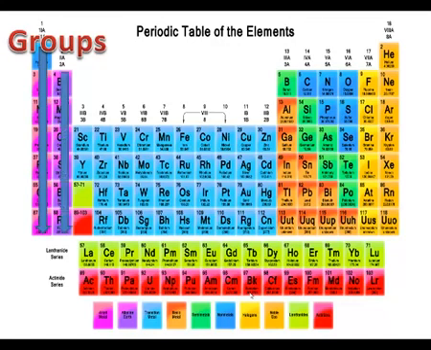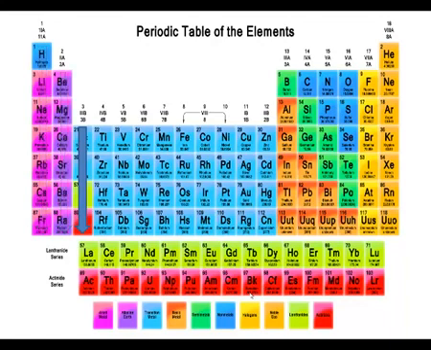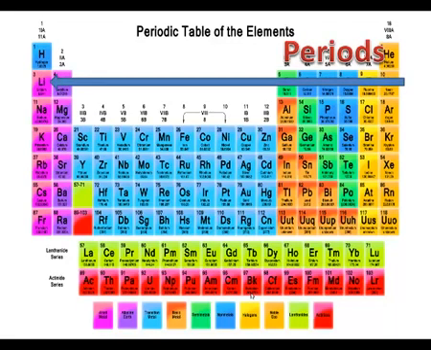So here are some examples of groups. Group 1, the first column. Group 2, the second column. Group 3, the third column. And we continue on throughout the periodic table. The periods are the horizontal rows that occur in the periodic table.